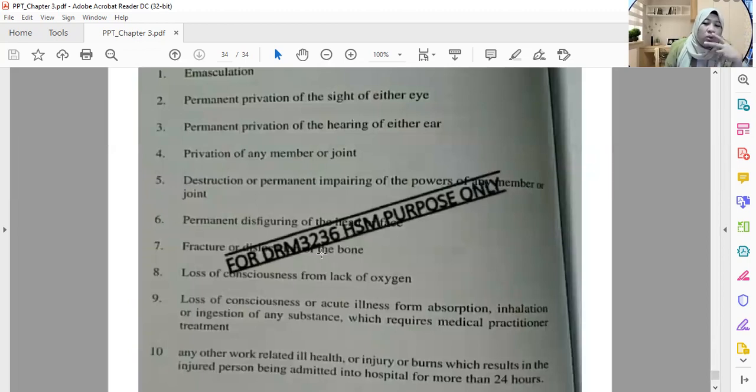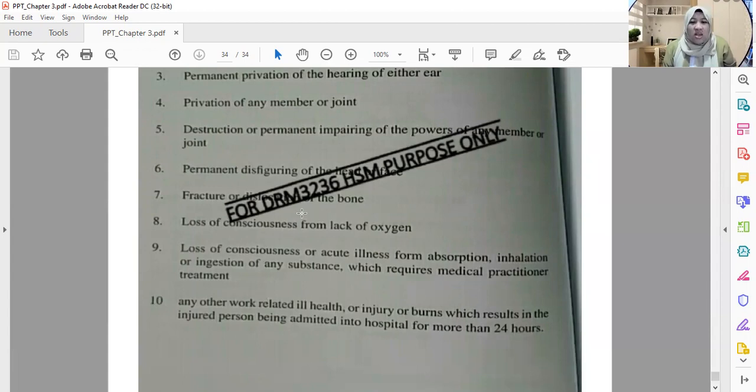Fracture or dislocation. Dislocate is when your bone, which should be in place like this, slips away. Dia terkeluar daripada landasan. That is dislocation. And loss of consciousness from lack of oxygen.